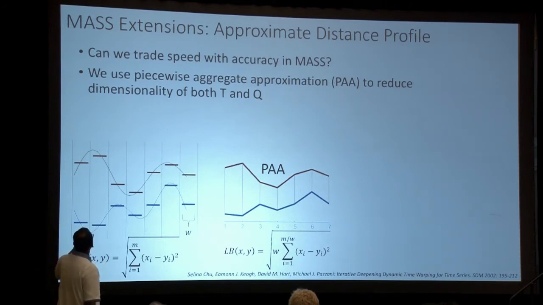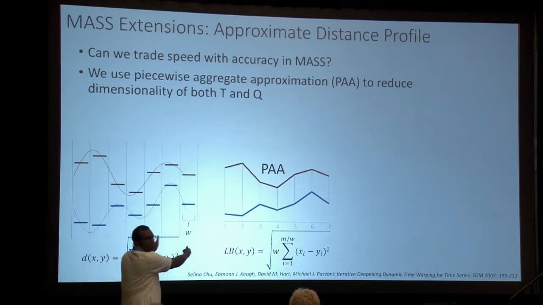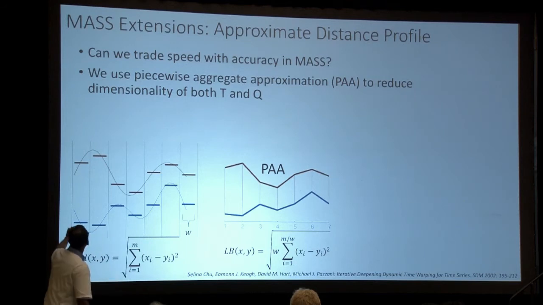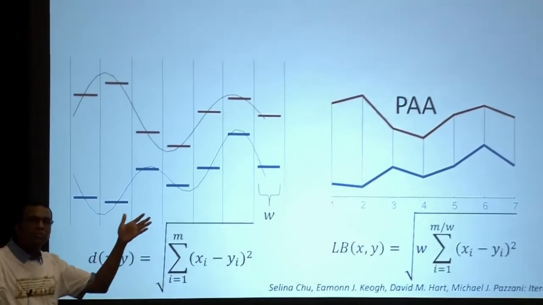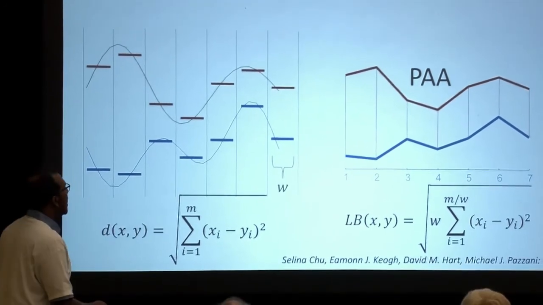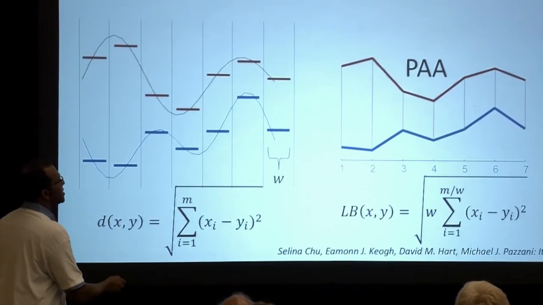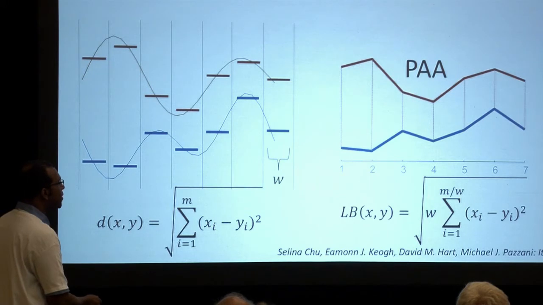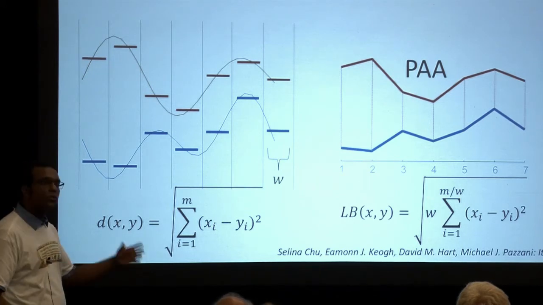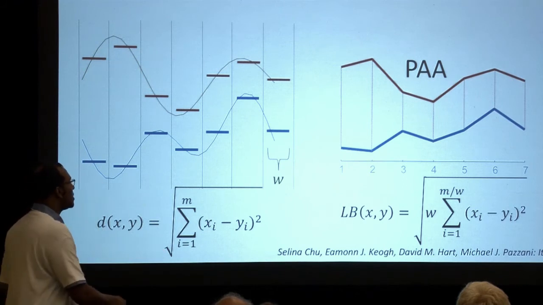You divide the time series into non-overlapping windows and take the mean of each window, and then you convert the red time series to this, and the blue time series to this, which is much smaller in dimensionality. Then you take the distance in this much smaller dimensionality, and then you move from here to there by multiplying by the square root of w, which is the window length. You don't get the original distance, but you get a lower bound.